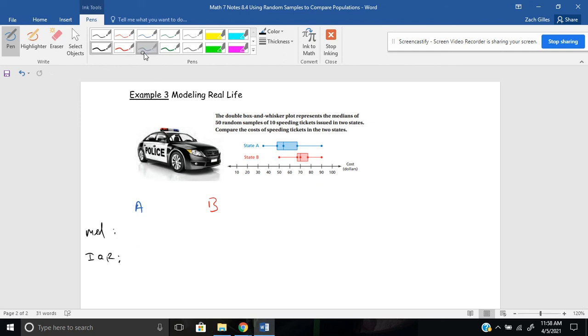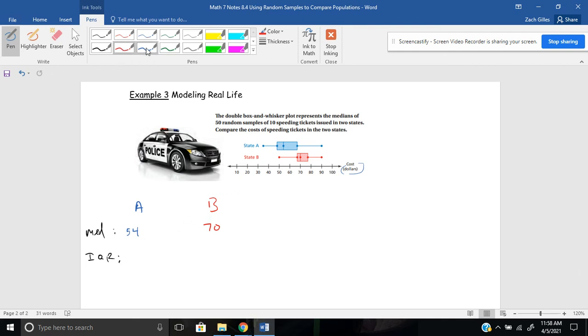All right, for A, my median looks like it's at a little less than half, so I'm going to call it $54. Looks like it's the median price of a speeding ticket in state A. And in state B, it looks like it's right at $70. So it looks like that cost is more in state B for the median anyways.